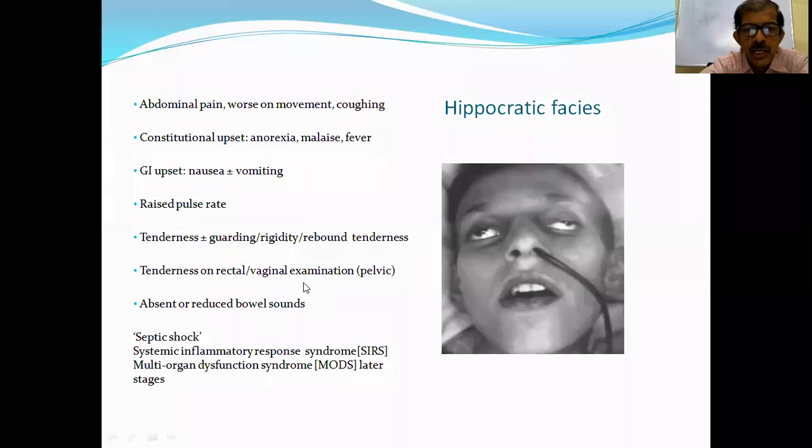If you do PR or PV, there is tenderness, and bowel sounds are absent, still and silent abdomen. Septic shock, of course, will lead to SIRS, MODS. So these are the signs and symptoms of diffuse peritonitis.